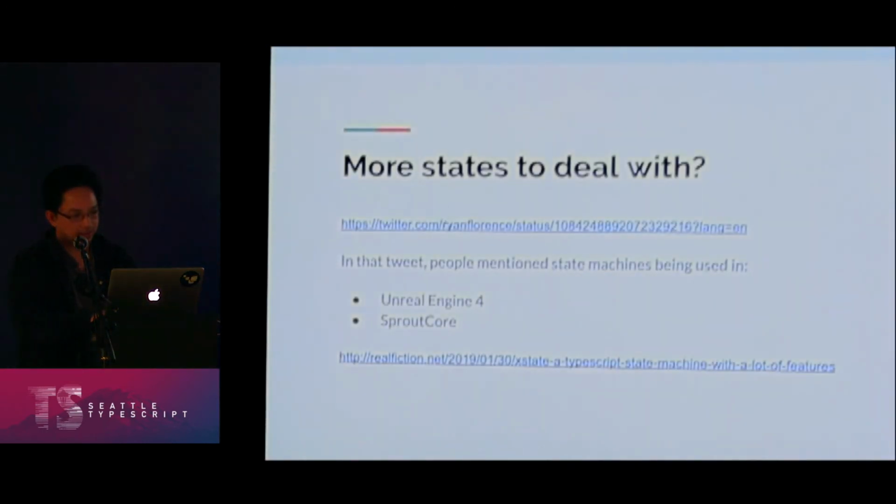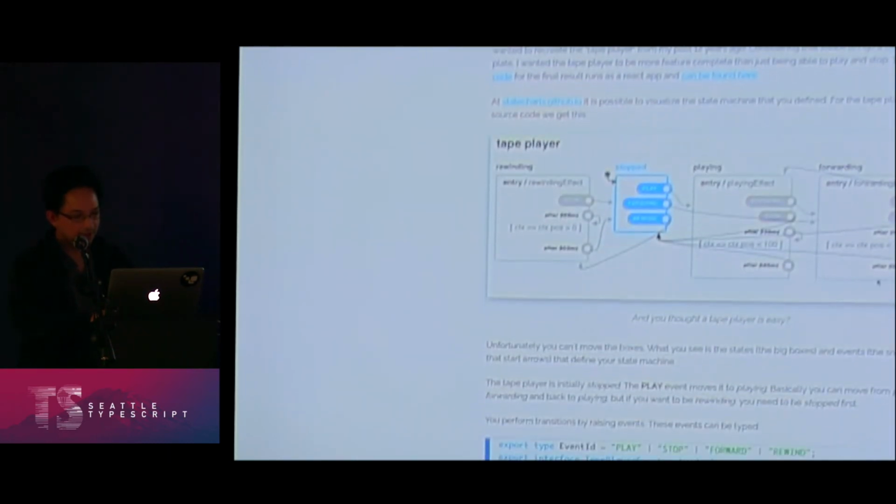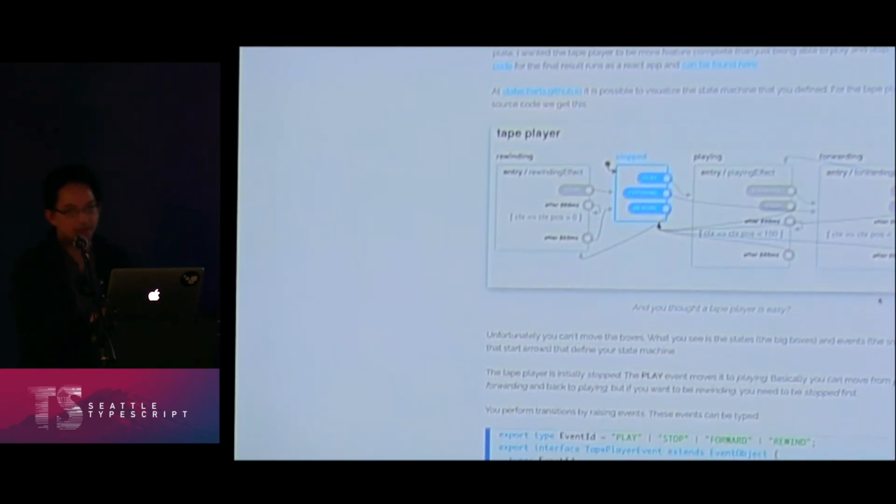And within that tweet, other people are saying there exist state engines, state machines that people use for these, like Unreal Engine 4 Route Core. Then there's this guy who wrote an article where he wrote a tape player with XState. You find various articles about XState and finite state machines and how useful they are.